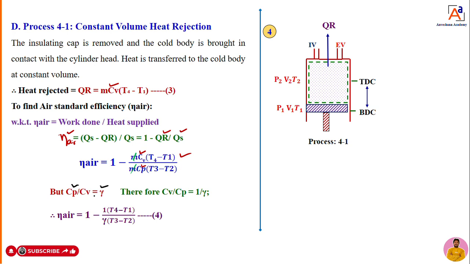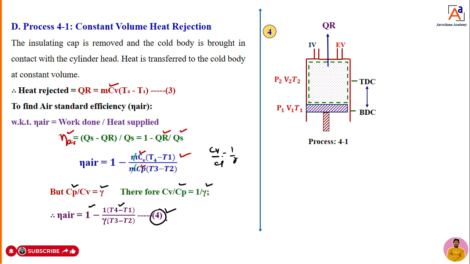So CV by CP is 1 by gamma, and I substitute it here. Efficiency of air is equal to 1 minus 1 by gamma, then T4 minus T1 divided by T3 minus T2. That I will call equation number 4.